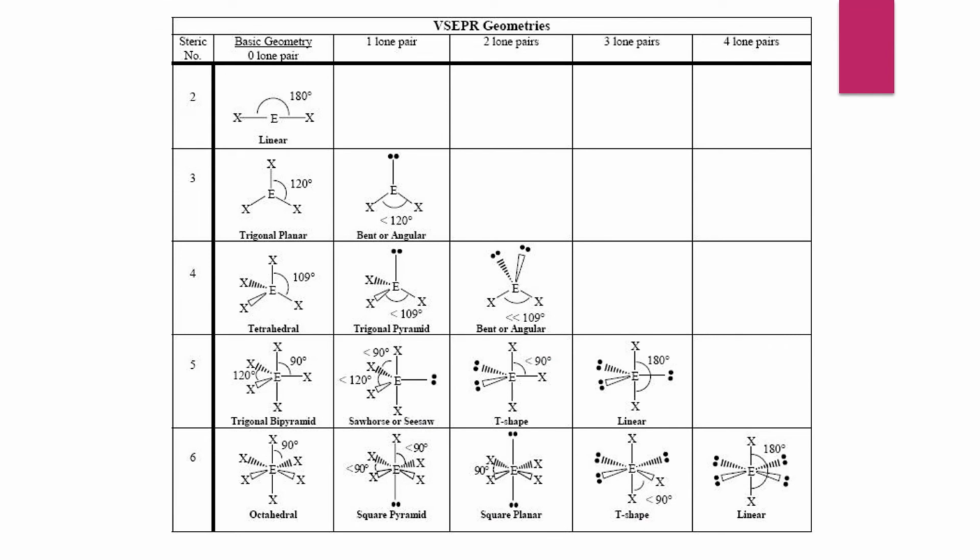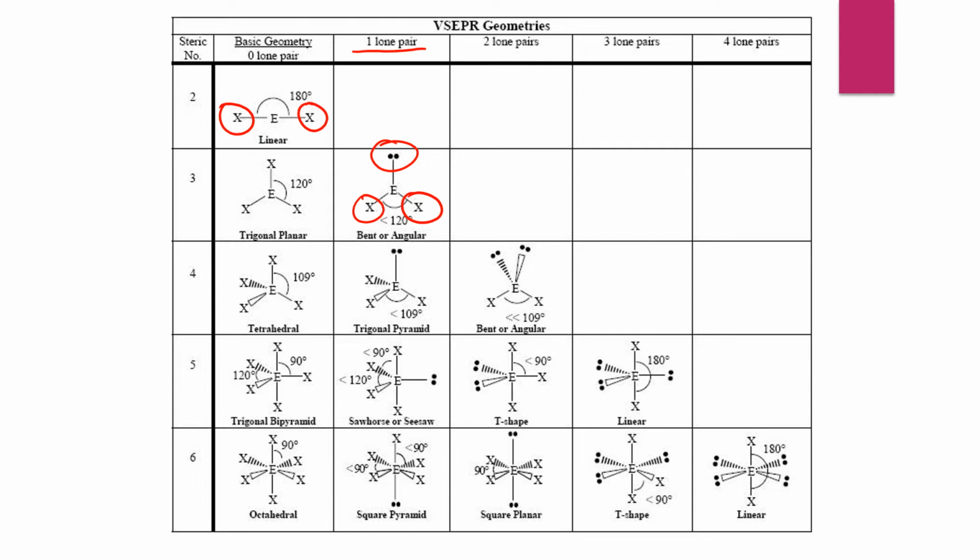Here's a quick reference for all the different shapes, given the number of atoms attached and the bonded or lone pairs. So atoms would be represented by the X here. So these are 2 atoms attached, 0 lone pairs. We have 1 lone pair, and then the 2 atoms attached, etc. Okay, so this is a good overview.